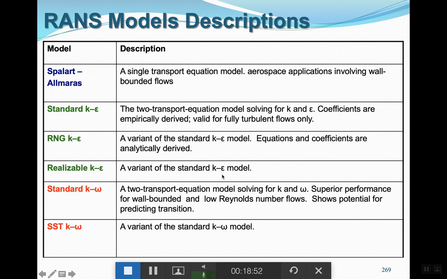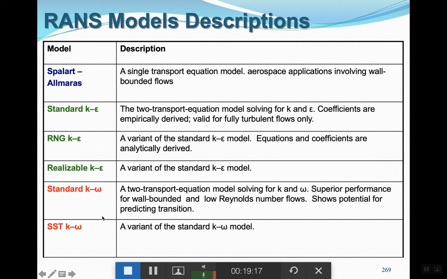So here, in the last two slides, I have included some informational graphs, some informational charts about different models, the SA model, the standard k epsilon model, the RNG k epsilon model, and the realizable k epsilon model.